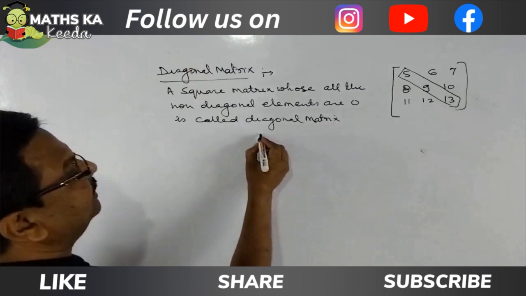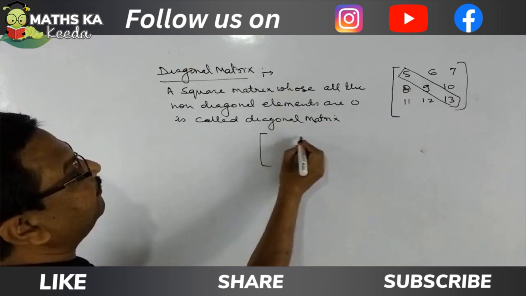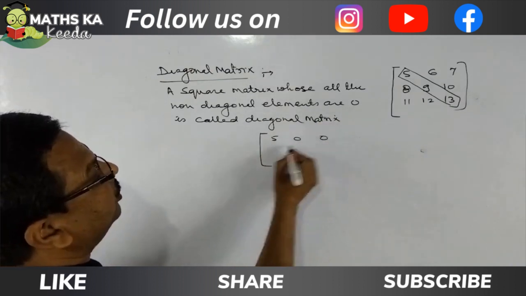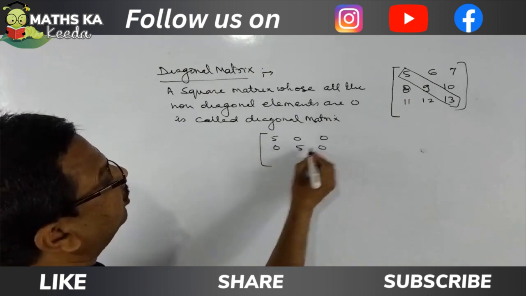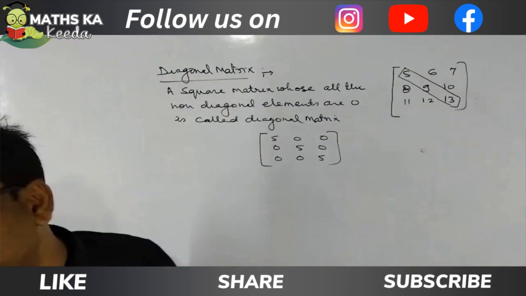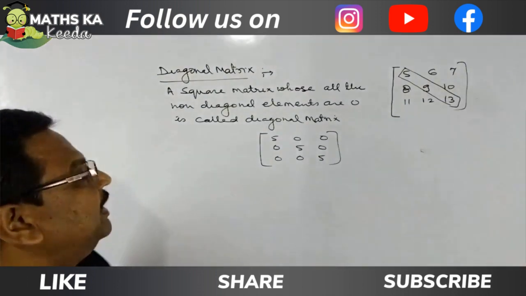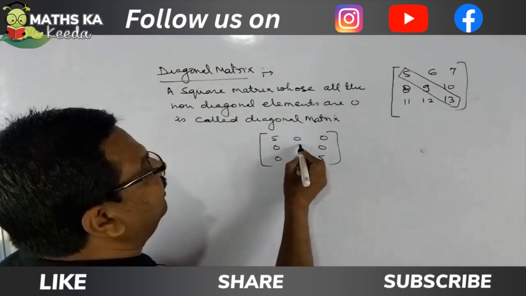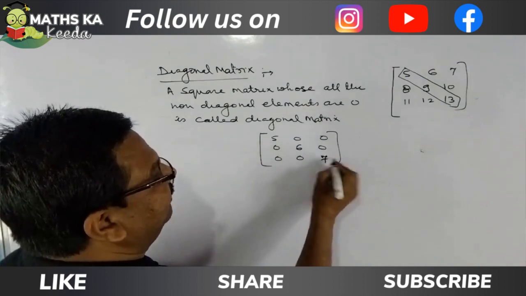ऐसा matrix, consider this matrix I am taking here: 5 0 0, 0 5 0, 0 0 5. This is a diagonal matrix. You know what is the reason behind this? अब इसका जो मेन डायगोनल है, अगर आपका देखिए सपोज ये 5 है, ये 6 है एंड दिस इज ये 7.